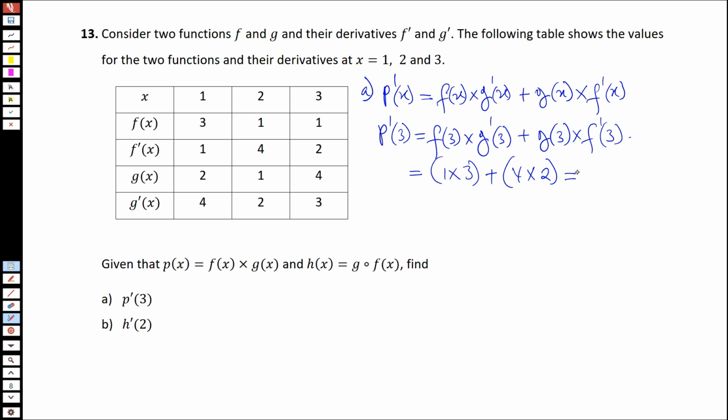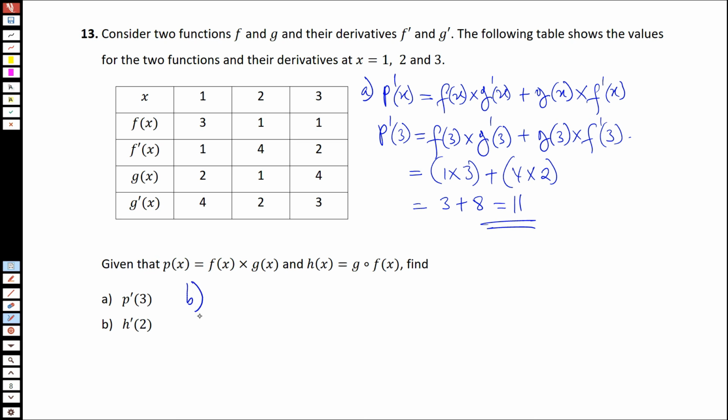This will be equal to 3 plus 8, which will be equal to 11. And that's basically how you work out that part.